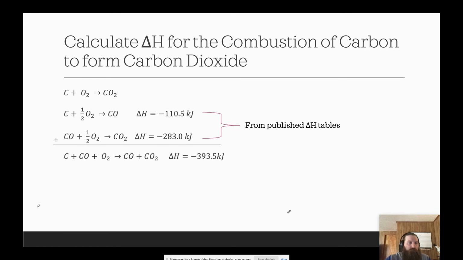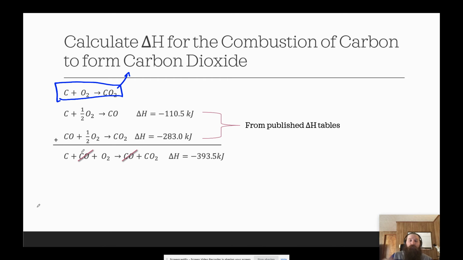So I look at my reaction. This is where I want to get to. This is the final thing. This is what the question asked me about. This is what I could find in the table. So when I put those two things together, the CO cancels out. It's an intermediate. It's on both sides of the reaction. It's just like a spectator ion when we did net ionic equations.